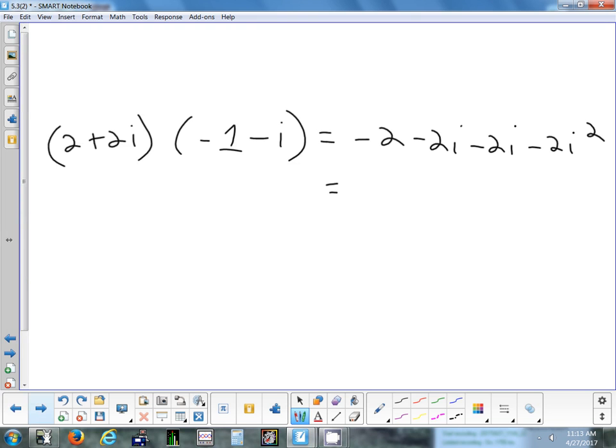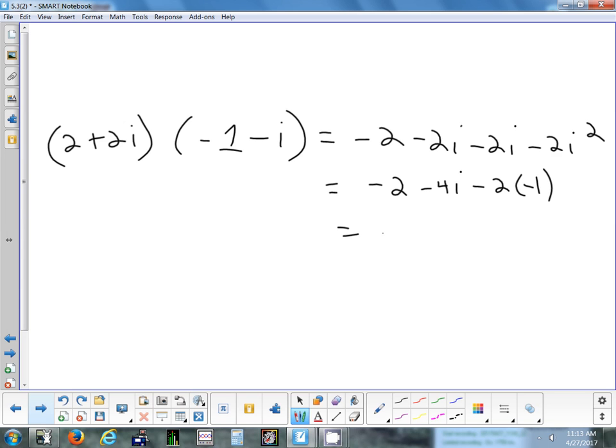Now, I got to combine my terms. So negative 2. What's negative 2i minus 2i? Becky? Negative 4i. Yep, negative 4i. And this is a negative 2, but we have to now change the i squared to negative 1.